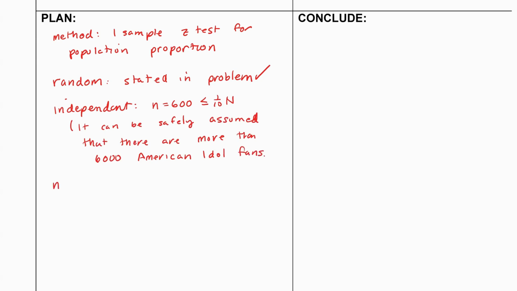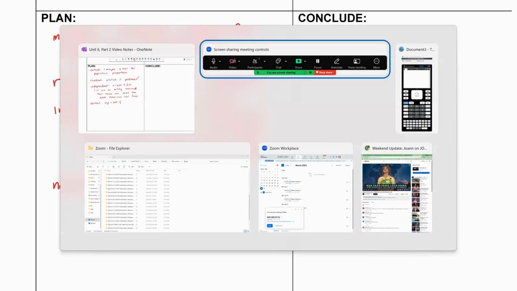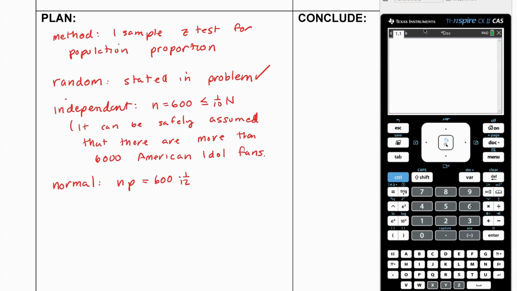And then the last, our normal condition, n times p, and we're going to write that down every single time, is 600 times 1/12, which is our p0 value. Let's get the calculator up. 600 times 1/12 is 50.